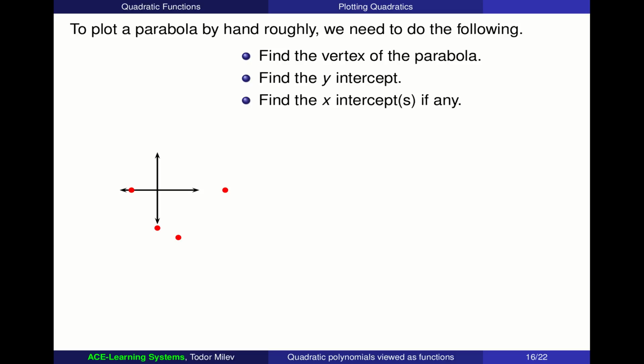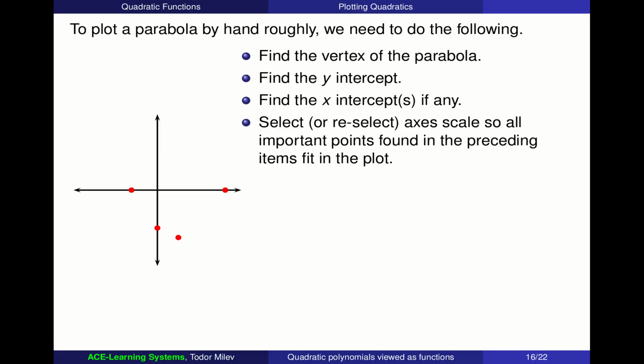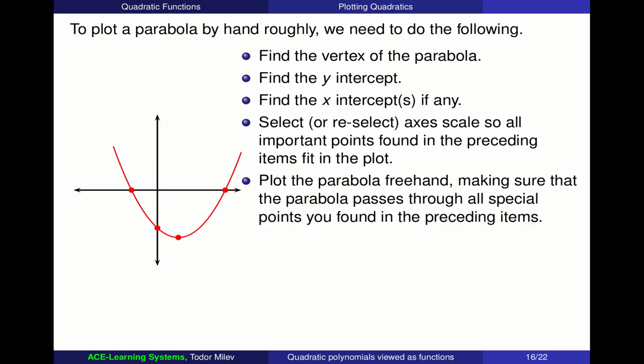Next we find the x-intercepts, if any. Next we adjust the size of the axis to fit the whole picture. And finally we plot the parabola freehand by simply connecting the dots.